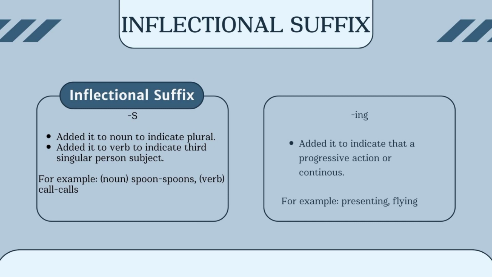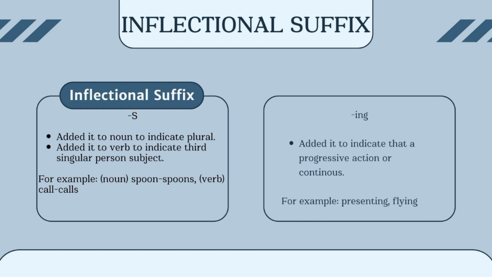Next, we have the inflectional suffix, like s. If we add it to a noun, it indicates a plural, and if we add it to a verb, it explains that the subject is third person singular. Here we have the example spoon.